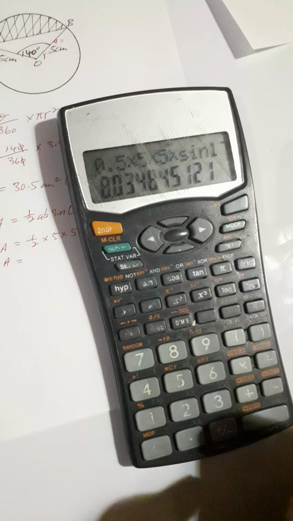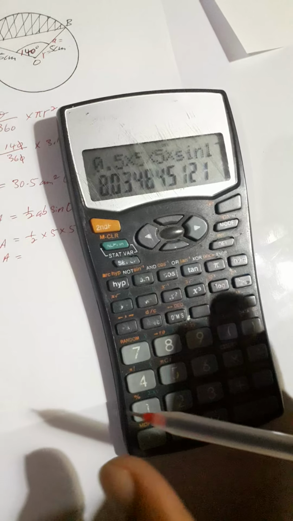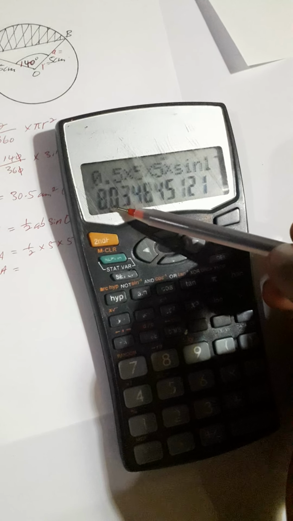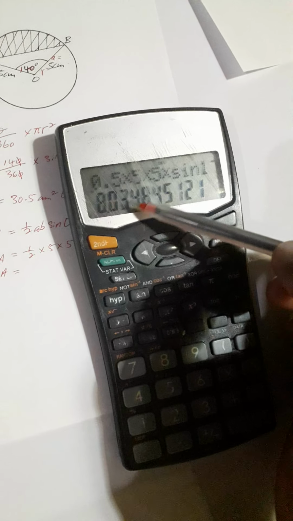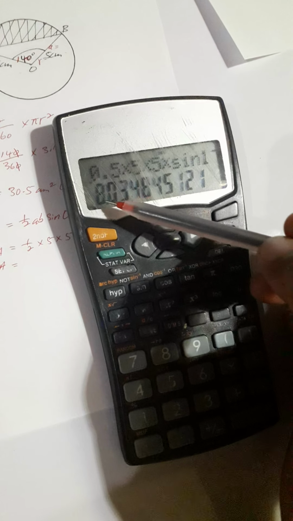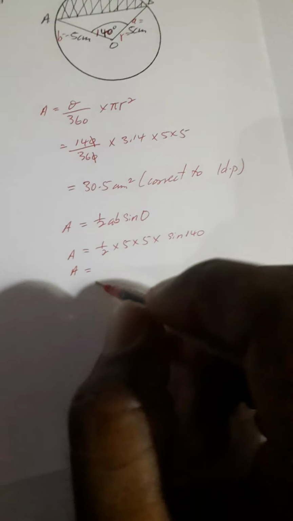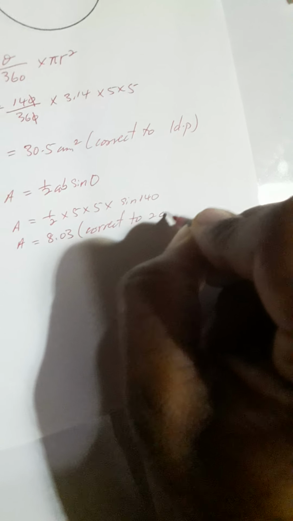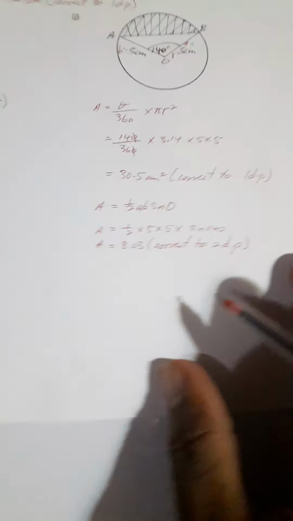What do we have? 8.0... I don't want to write it as 8.0, because that would actually mean 8, and they have some decimal places there. Let us write it to 2 decimal places. Correct to 2 decimal places, 8.03. So our answer is 8.03, correct to 2 dp.